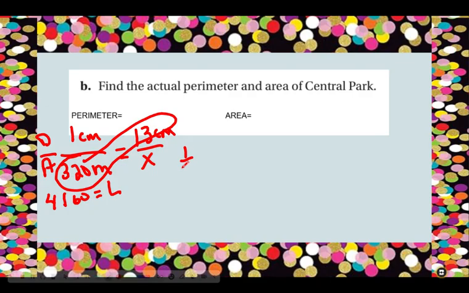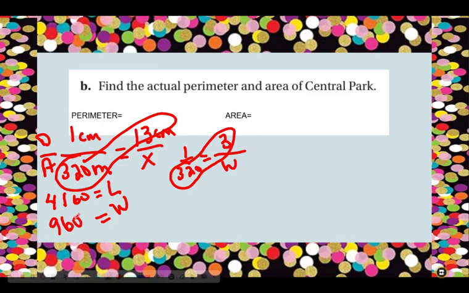Now I do the same thing for my width. So 1 centimeter to 320 meters. We said our width was 3, and we're trying to find the actual width. So 3 times 320 will give us our answer, and that's 960. So the width is 960.